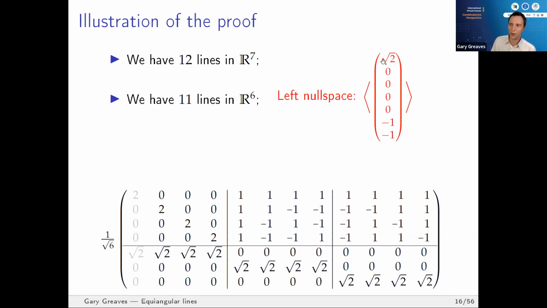So let's check that. So this vector has a root 2 at the top, and then these 3 have a 0 there, and it has 2 minus 1s at the bottom, where these 3 vectors all have 0s there. So if I take the inner product between this vector and any of these 3 vectors, I get 0. Because I'll get 0 times root 2, 0 times minus 1, plus 0 times minus 1. So that's okay. Now if I do it over here, in these next 4 vectors, then each one has a 1 in the first entry, and each one has a square root 2 in the 6th entry.